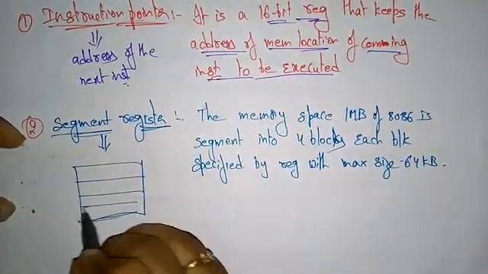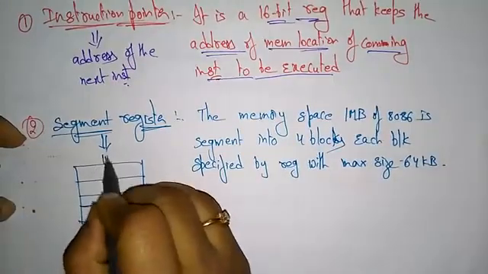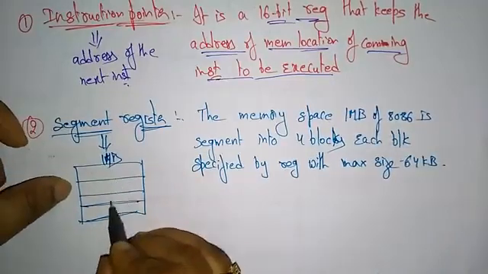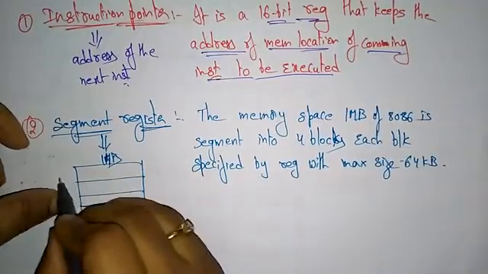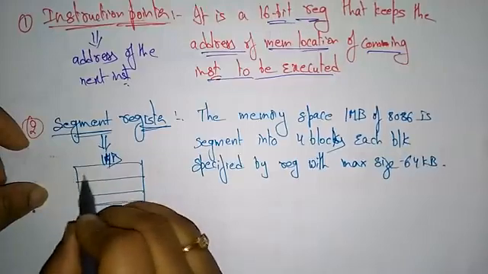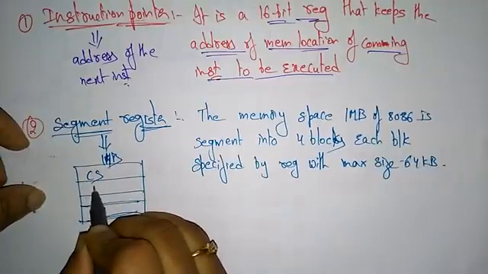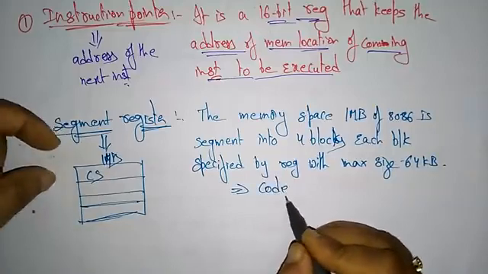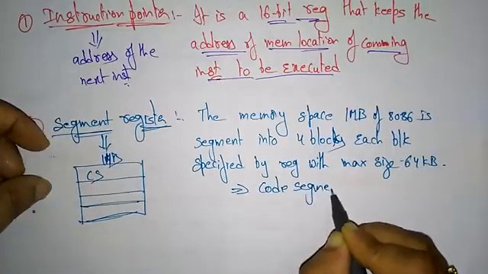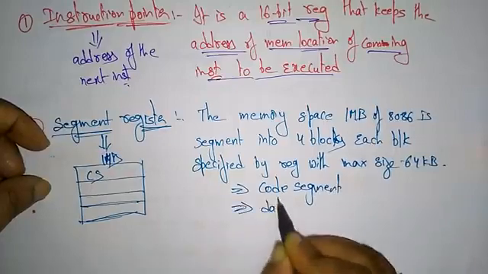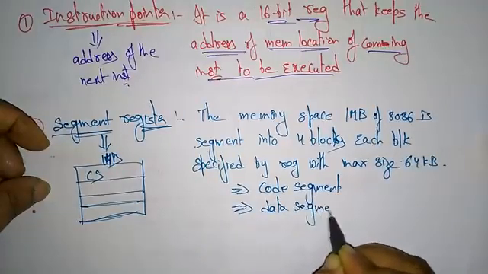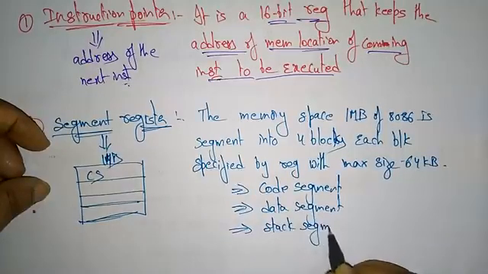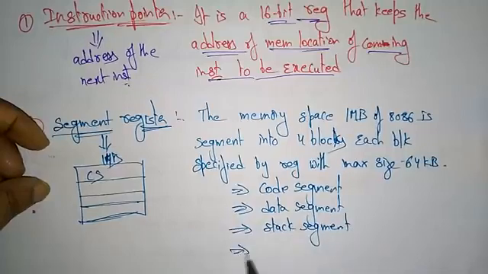So this is completely 1 megabyte, and each block is specified with a register. The 4 registers used in the segment register are the code segment, data segment, stack segment, and extra segment.